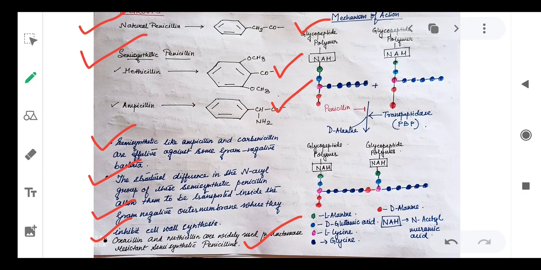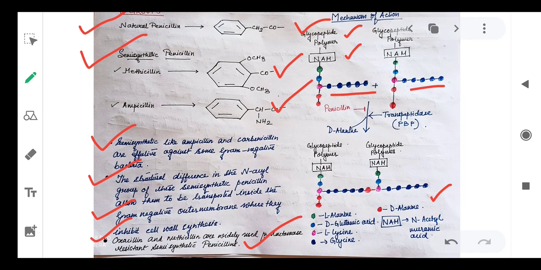Peptidoglycan monomers comprise a glycopeptide polymer, N-acetylmuramic acid, and various amino acids, namely this green one is L-alanine, the blue one is D-glutamic acid, the pink one is L-lysine, the red one is D-alanine, and the deep blue one is glycine. With each monomer you get to see a pentaglycine bridge. So you see these two monomers with a pentaglycine bridge.